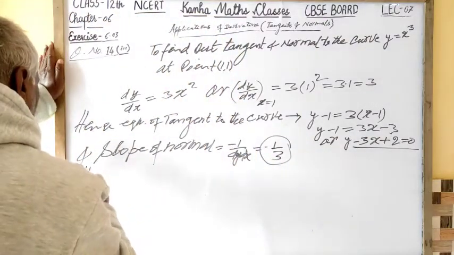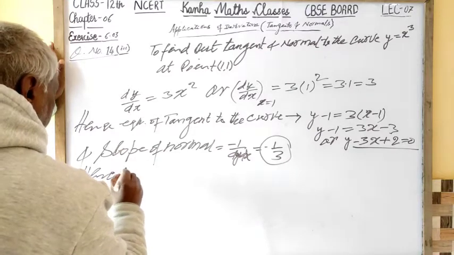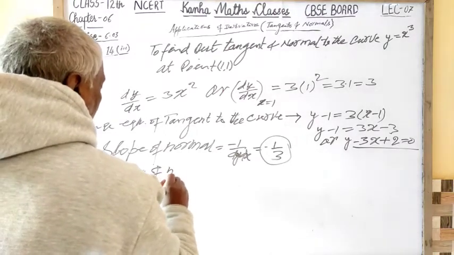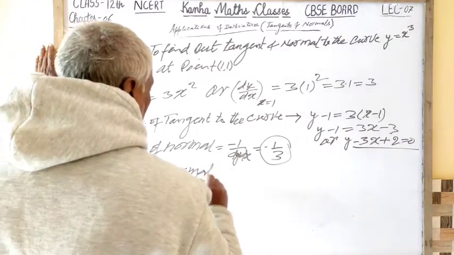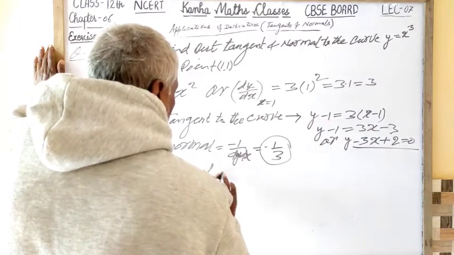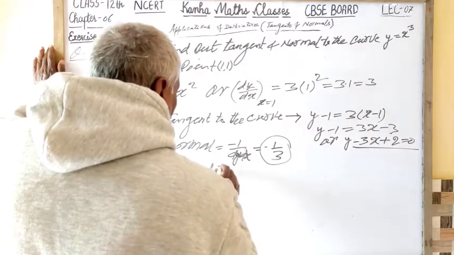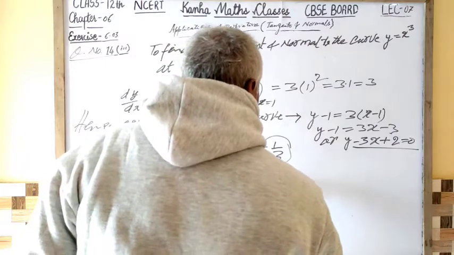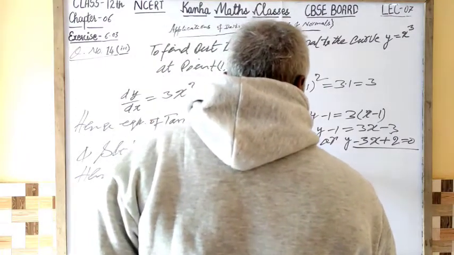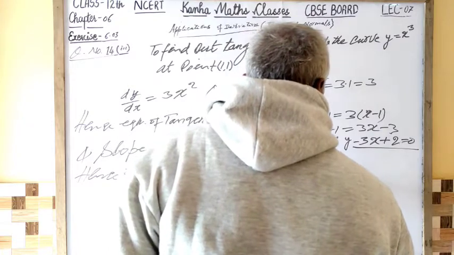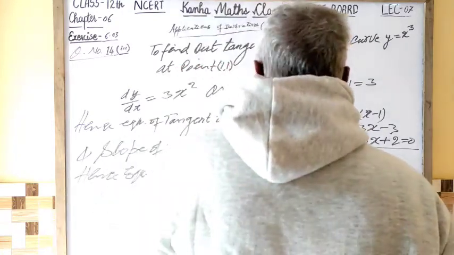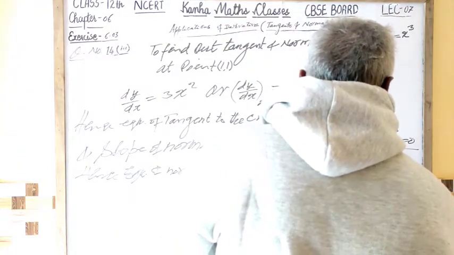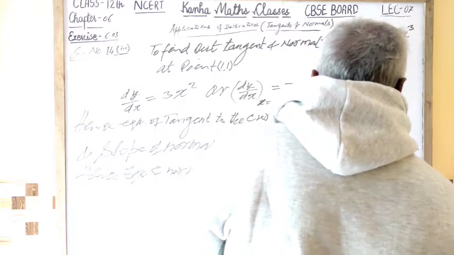Hence, the equation of normal to the curve is y minus y1 equal to the slope minus 1 by 3 times (x minus x1).